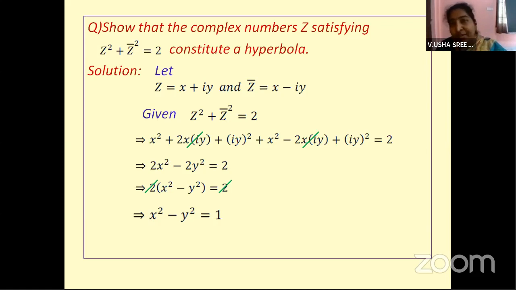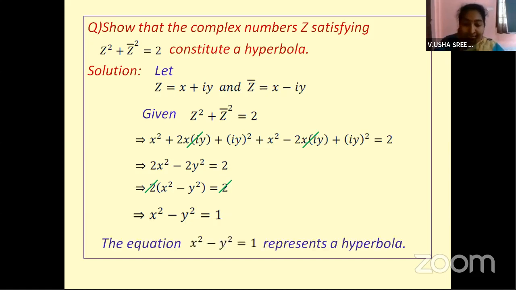And if that x square minus y square equal to a square is rotated through an angle of 45 degrees in the clockwise direction and simplified, then you will get the equation xy equal to c square. There in that problem, we got xy equal to c square, so we called it a rectangular hyperbola. Here, the equation is of the form x square minus y square equal to 1. That is some a square form. Therefore, it is also a hyperbola, or specifically, I can say it is a rectangular hyperbola.